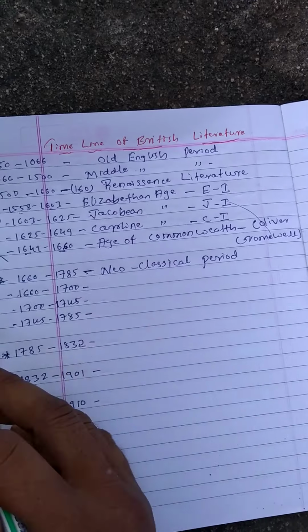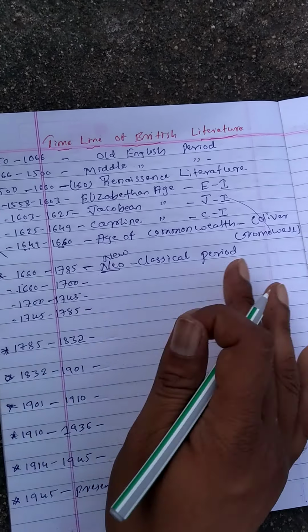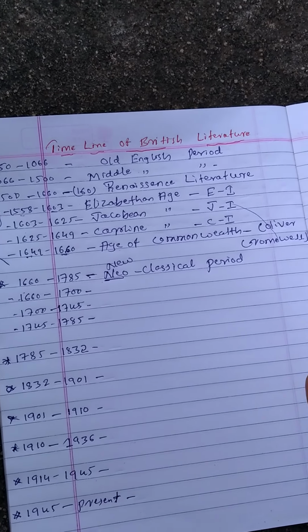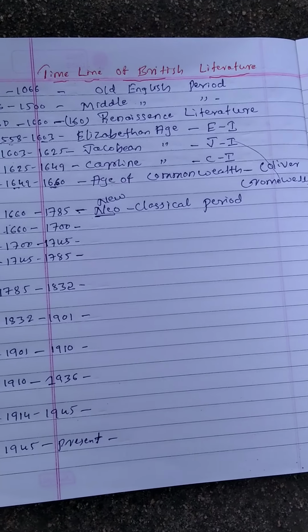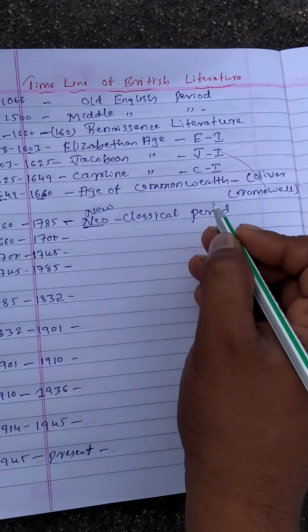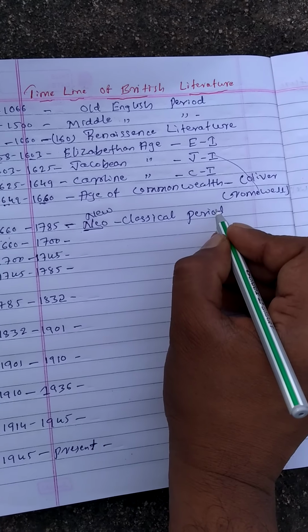Neo means new. In this age many classical works emerged and many old classics got translated. Hence we call this the neoclassical period.